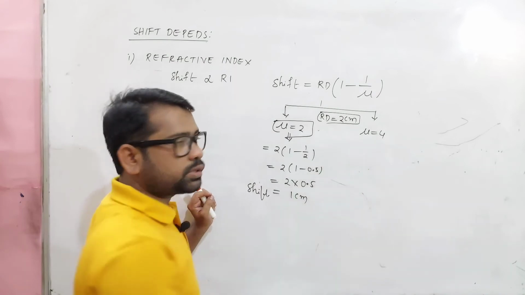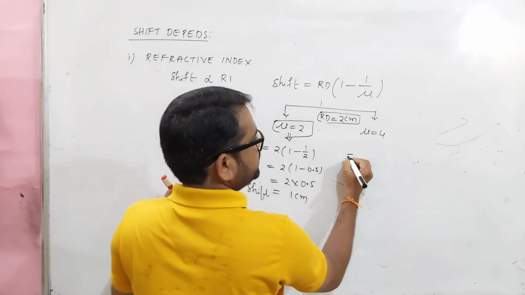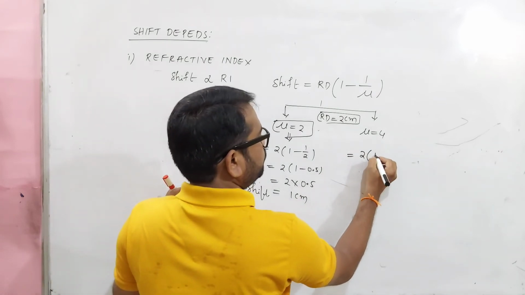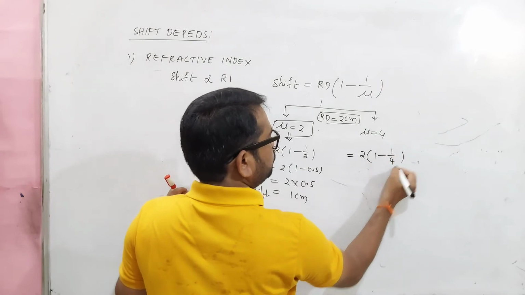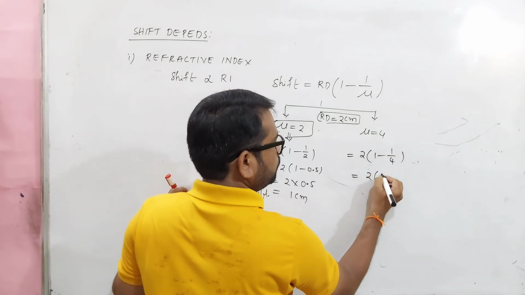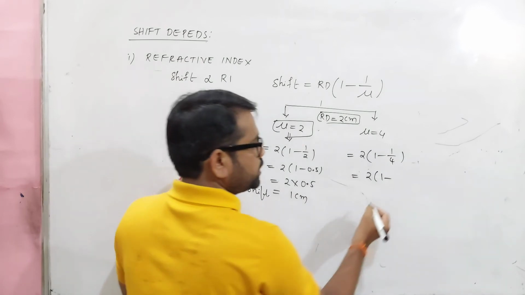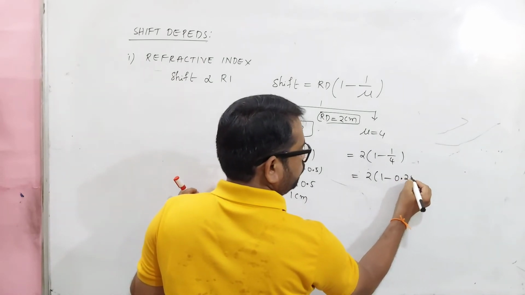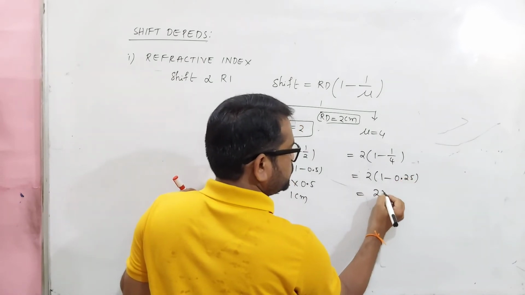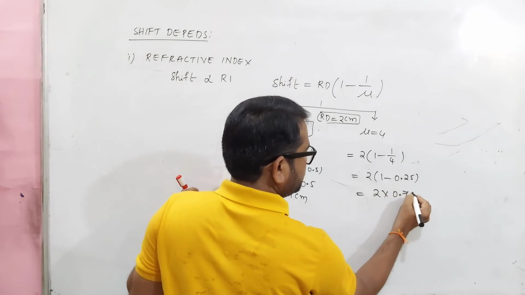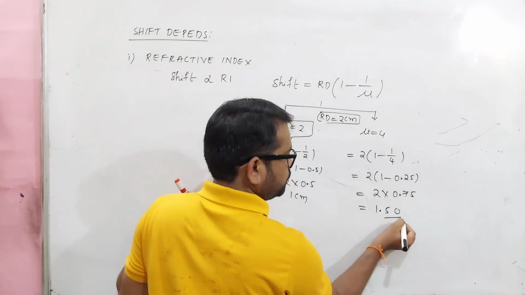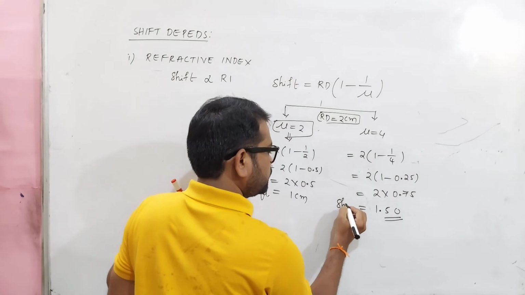But in this case, shift is equal to real depth 2 into 1 minus 1 by 4. 1 minus 0.25 is 0.75, so this is 2 into 0.75, which gives a shift of 1.5 centimeters.